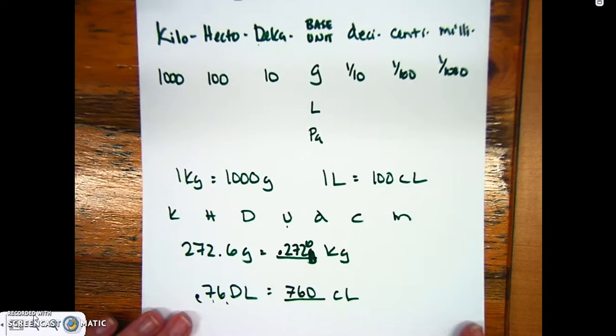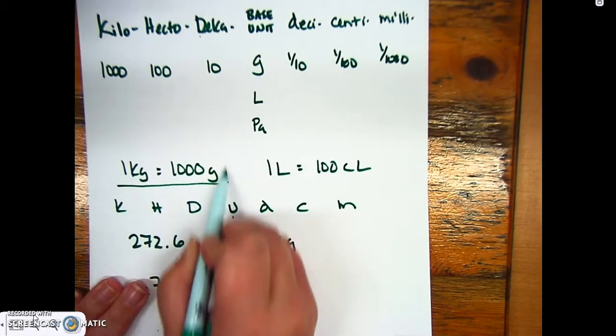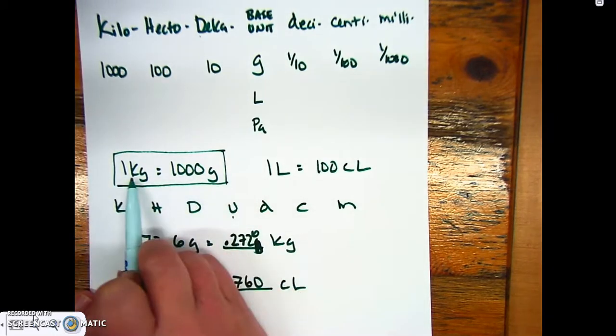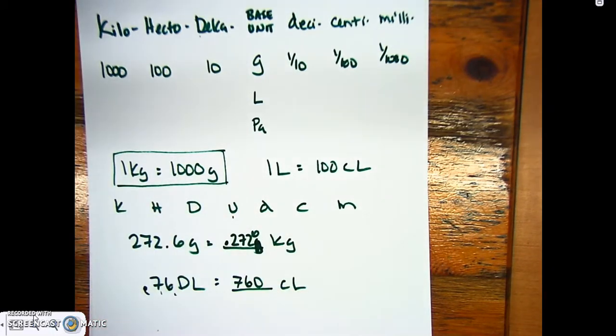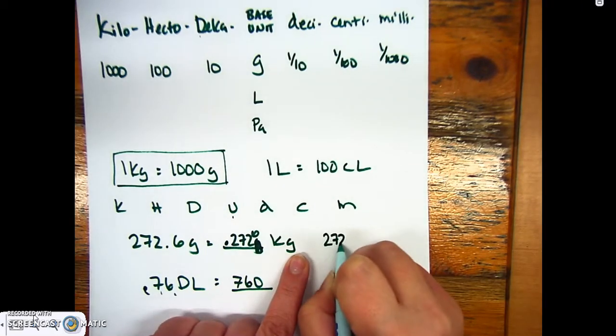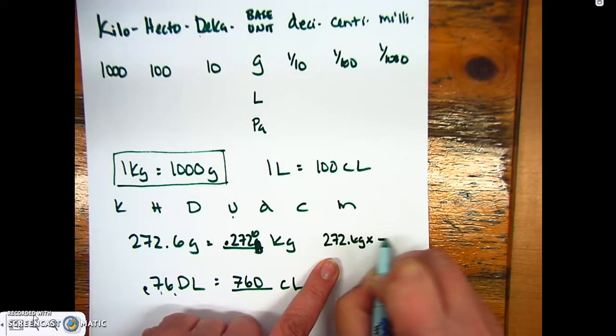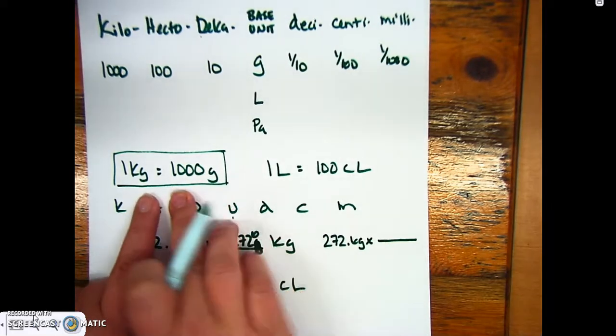Now, if I was going to perform this conversion using something called unit analysis, which we'll learn about later, it's just a process where you use the conversion, like the fact that 1 kilogram is 1,000 grams, in order to go from one to the other. So we would just write what we're given, so 272.6 grams, and we're going to multiply by a fraction that shows this.